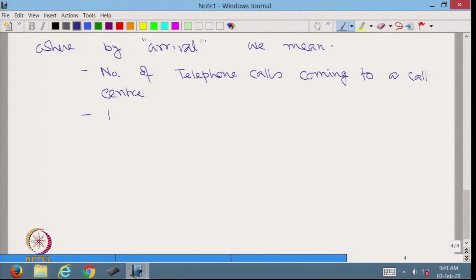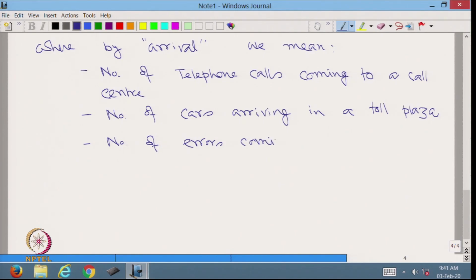It may mean number of cars arriving in a toll plaza, it may mean number of errors coming in a page of a huge text document.